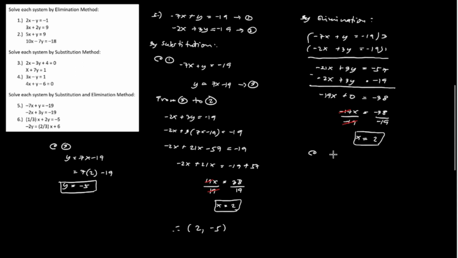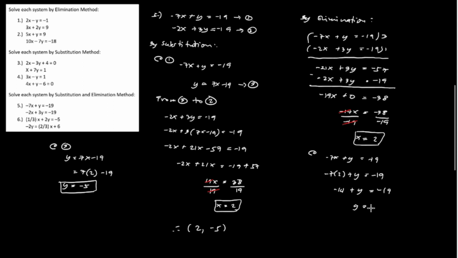We will use equation 1 to find the value for y. Negative 7x plus y is equal to negative 19. Negative 7 times 2, which is x equals 2, plus y is equal to negative 19. And this is negative 14 plus y is equal to negative 19.